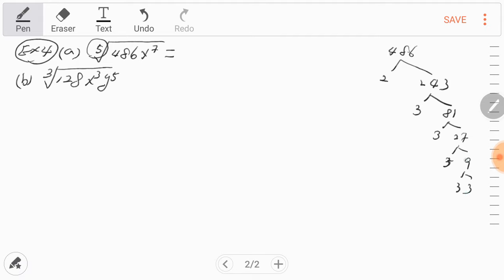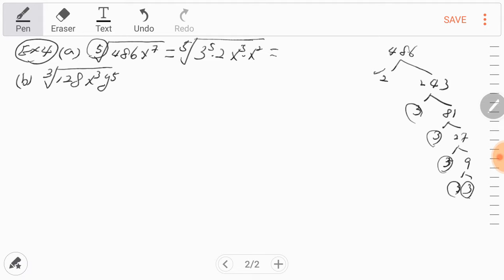So let's check the number of factors of 3: 1, 2, 3, 4, 5. So there are 5 of them. So we can write the number 486 as 3 to the fifth power times 2. And then x to the seventh is what? x to the fifth power times x squared.